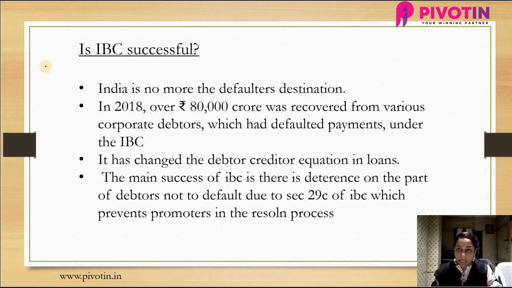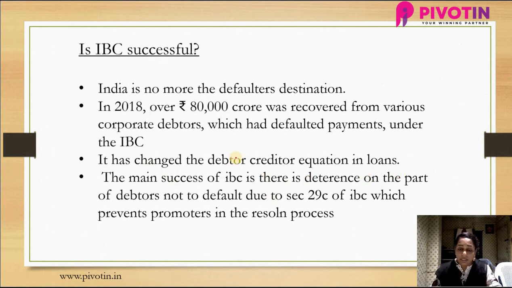And now the big question: is IBC successful? Before IBC, India was a destination for defaulters. But now with the IBC, India is no more the defaulters' destination. In 2018 itself, almost 80,000 crore was recovered from various corporate debtors, and it has also changed the debtor-creditor equation.